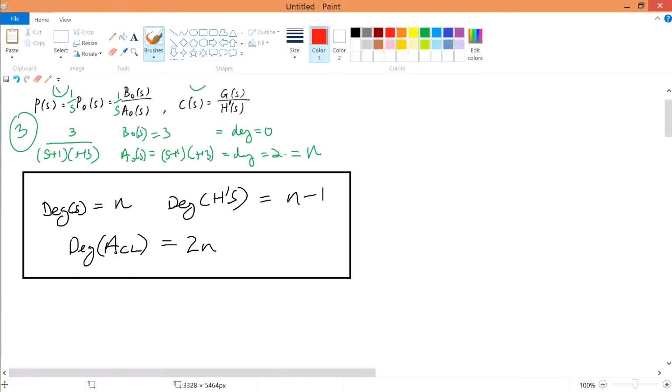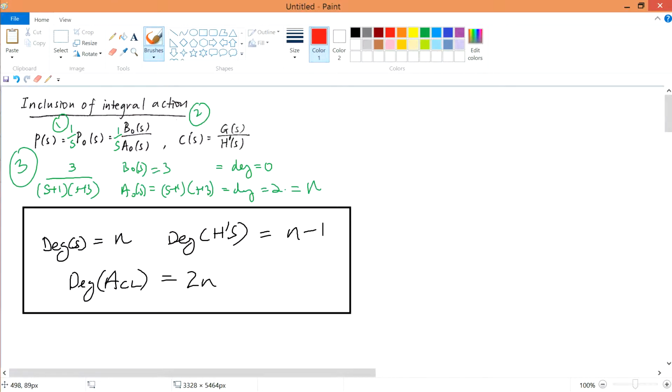So far so good. The next step is to set up a general transfer function for our controller, if you still remember this thing over here. We use our criteria now, the improper criteria. I'll sub in n equals 2, so 2 minus 1 is equals to 1. The n equal to 2 is the degree for g of s, so g of s is of degree 2, and it's simply g2 s squared plus g1 s plus g0.